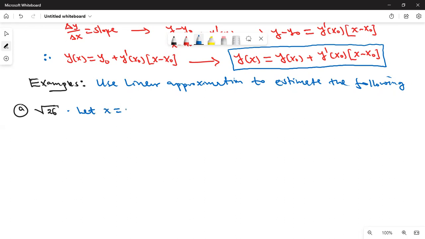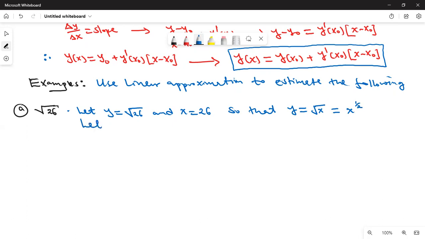Let y be equal to the square root of 26 and x is equal to 26, so that y of x, or simply y, is equal to the square root of x, which you can write as x raised to 1 over 2.